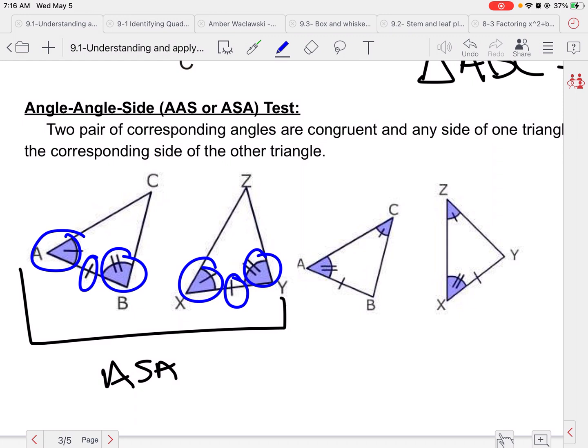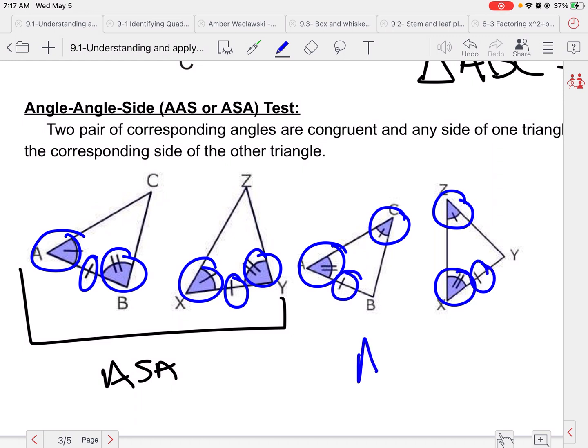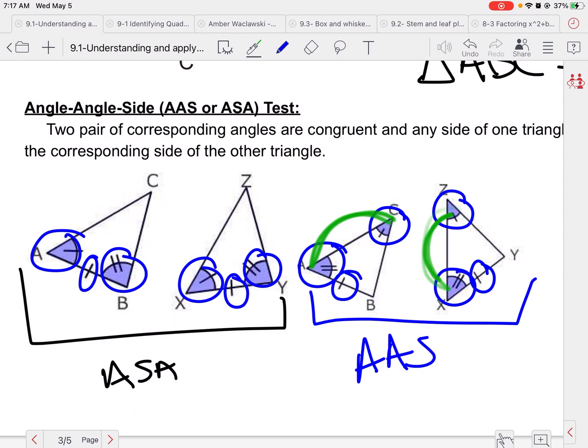And then we can also have angle angle side. So we can see that we have an angle and another angle, and a side and another side. So this is angle angle side for these 2. And again, notice the angles are touching the same side, and at least one of the angles is touching the side that's congruent as well.